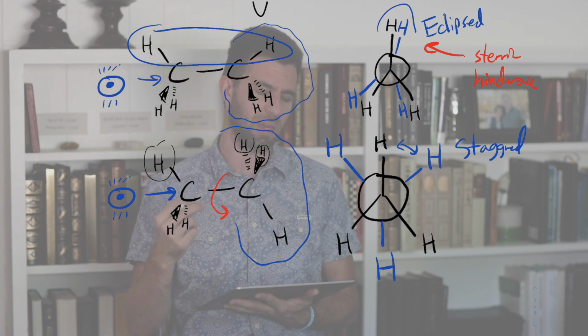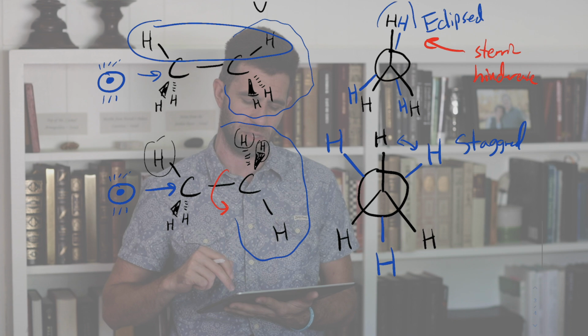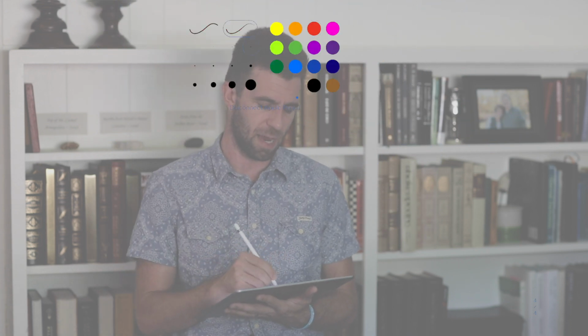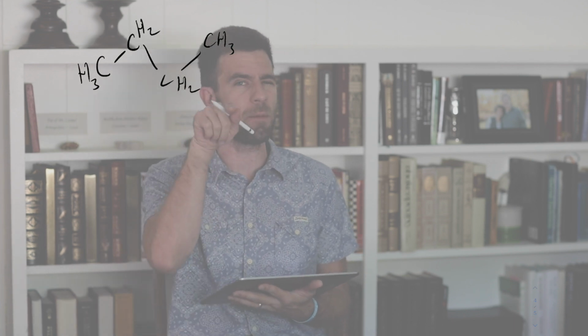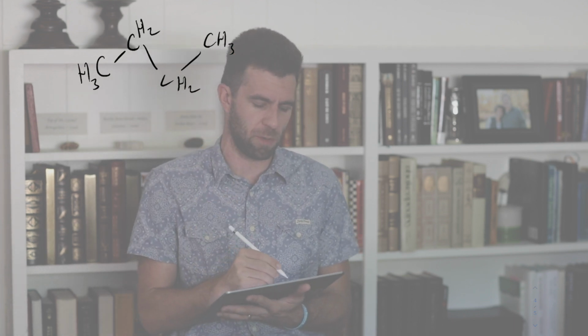Now, both of these are ethanes. I'm going to add one more layer to this, and then we'll kind of talk about energy even more. I'm going to say, hey, what if we had a butane? Now, in a butane, we're going to have to choose one bond to look down for a Newman projection.